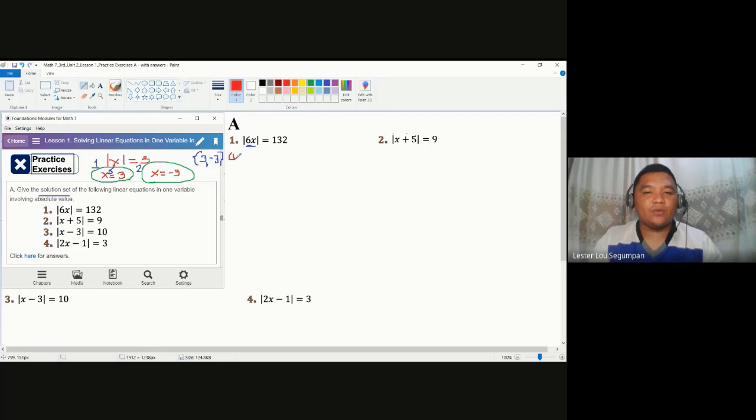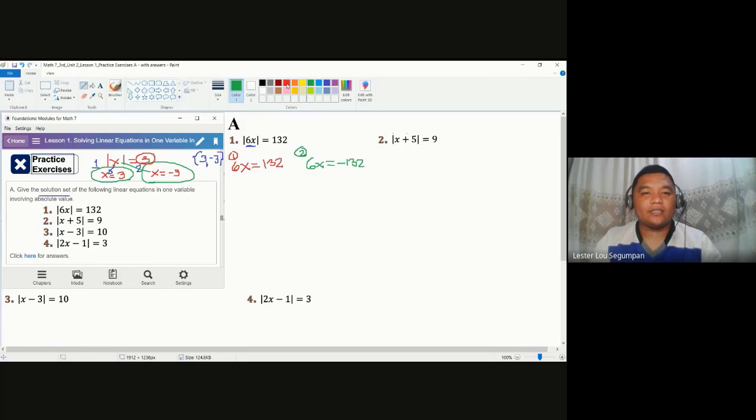So for case one, you have 6x is equal to the positive of the value here, positive 132. For the second case, we use the same expression, 6x is equal to, earlier it was positive, now it will become negative 132.